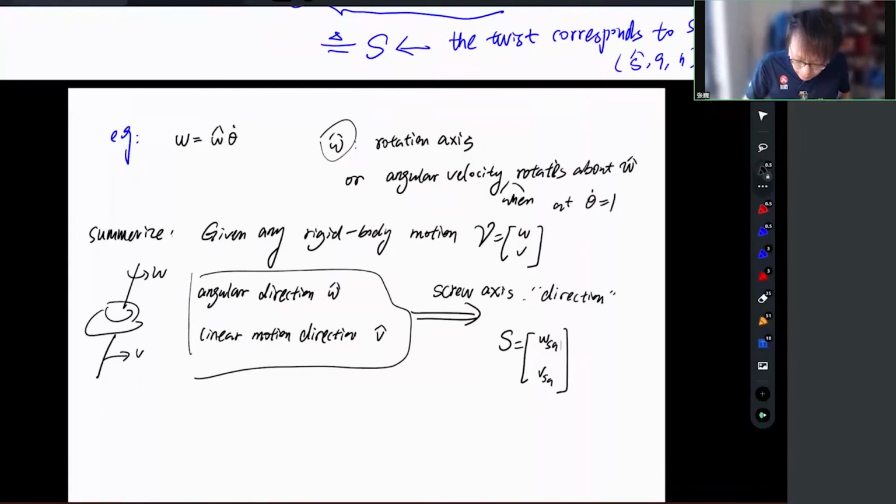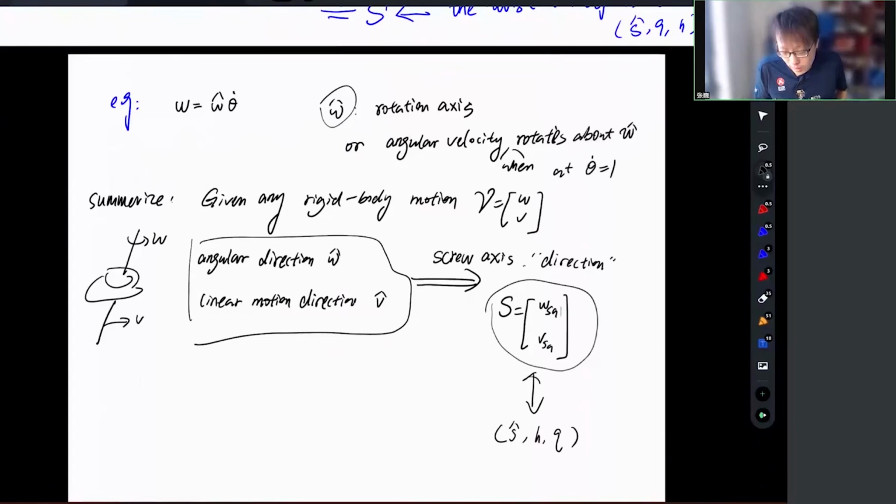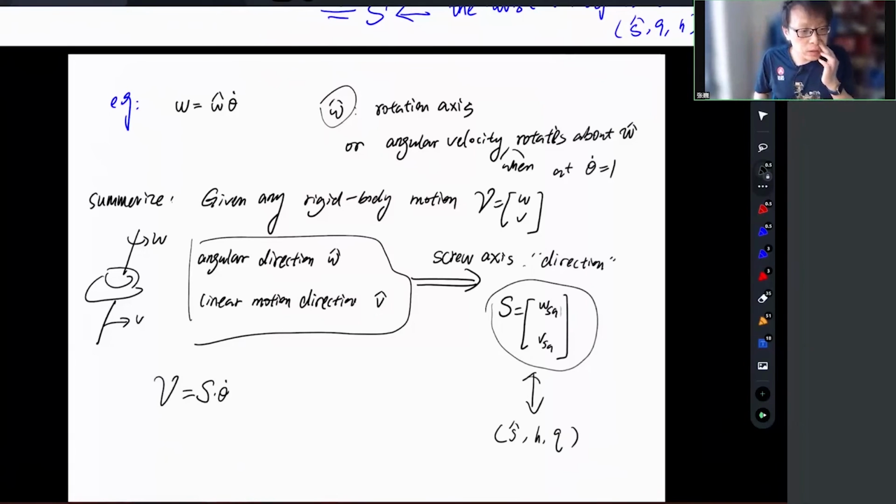And this thing is normalized. The corresponding twist is given by this S. Of course, if we want, we can always convert to the more standard axis S hat, H, and Q, and we can write the twist as the screw axis times theta dot. That's the whole meaning of screw axis.